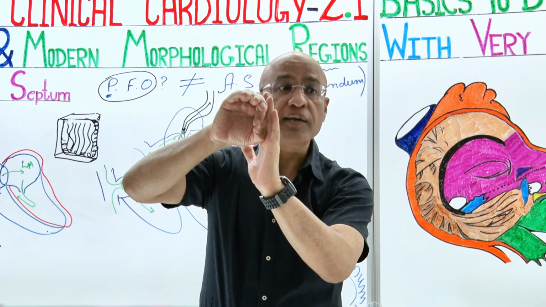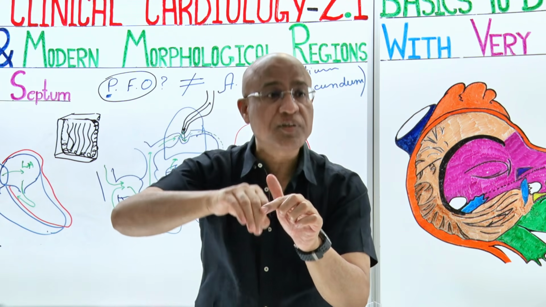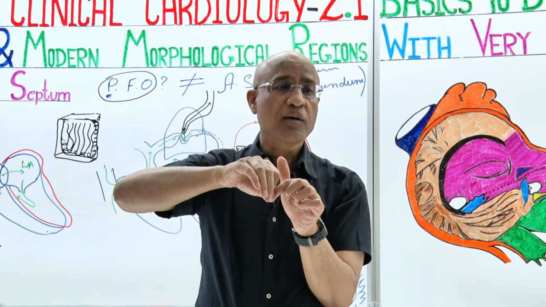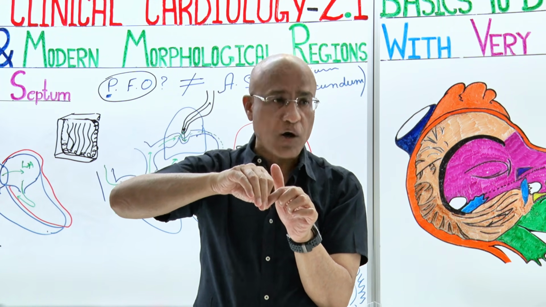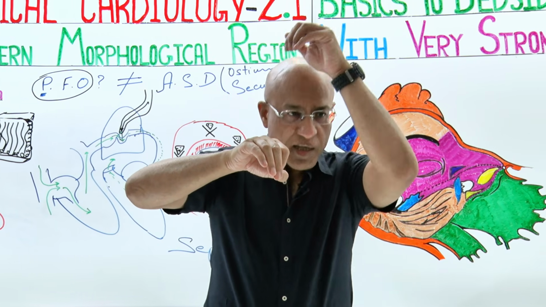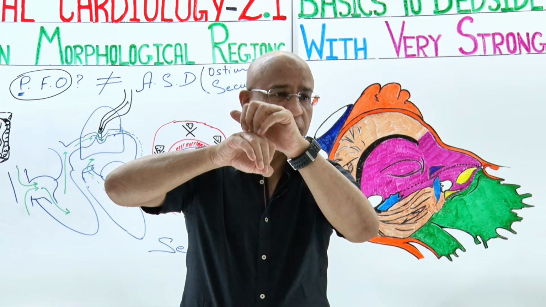And remember, this rim is not made of septum secundum. That was our previous concept, which is now proven wrong. It is mostly, posteriorly and superiorly, basically enfolded walls of the atrial muscles, right and left.